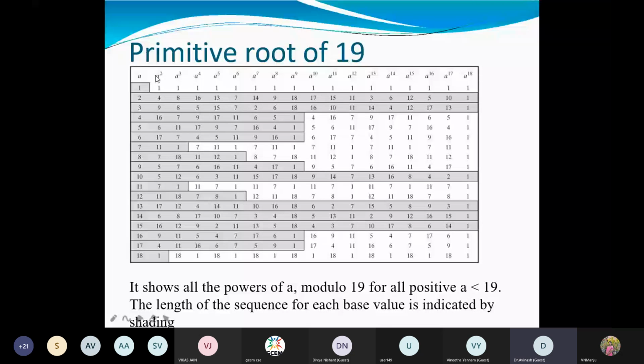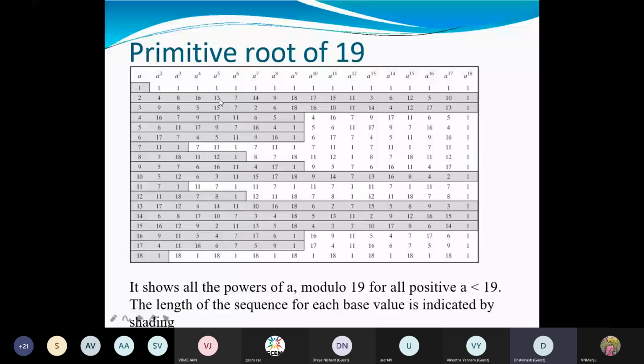Because when we take the power here, a to the power 1 is 1, this entire row is going to give you the number 1. This is the same number you obtain after generating the power, whether it is a raised to 14 or 15. But when it is a square, then we obtain 4, 8, 16, then 13, 7.